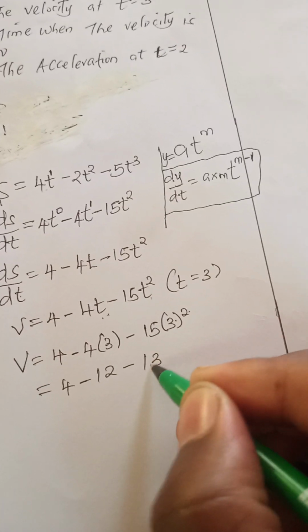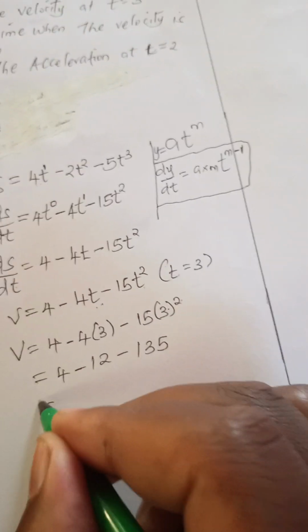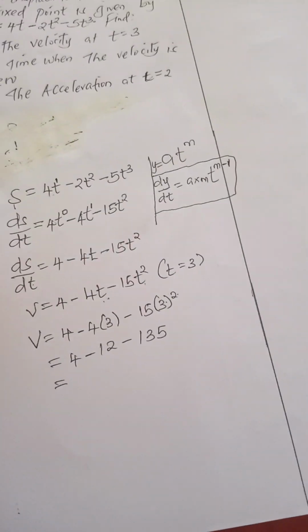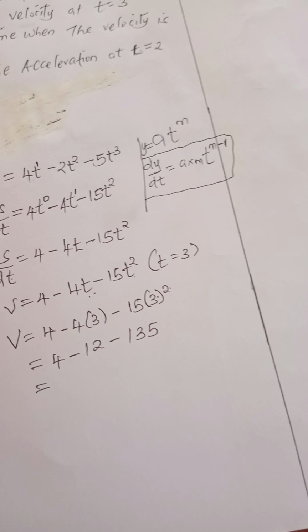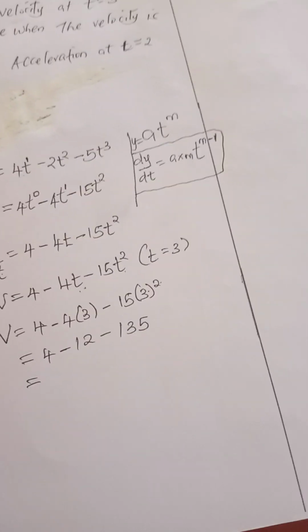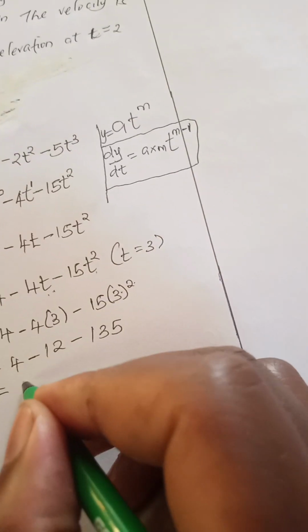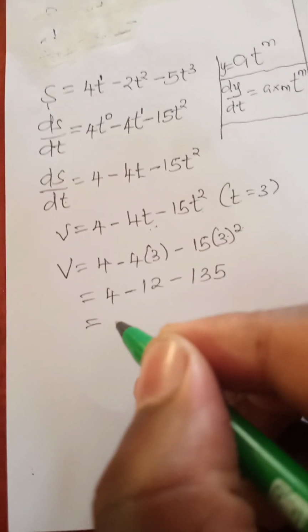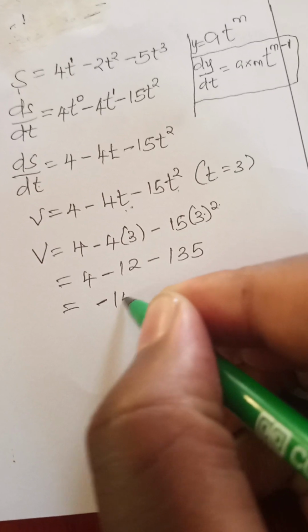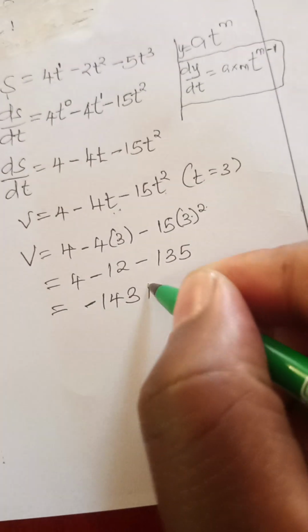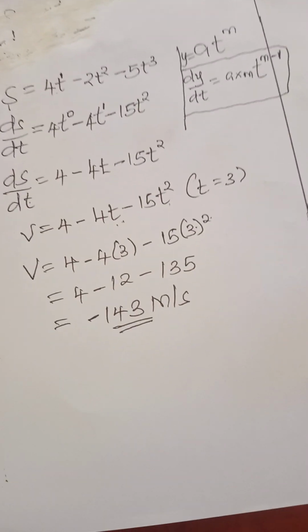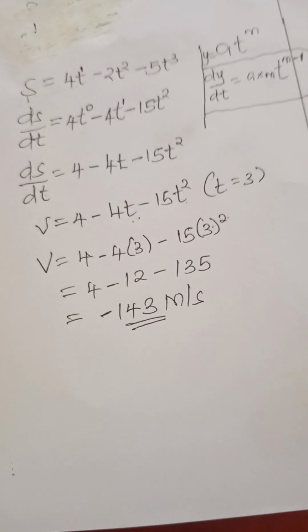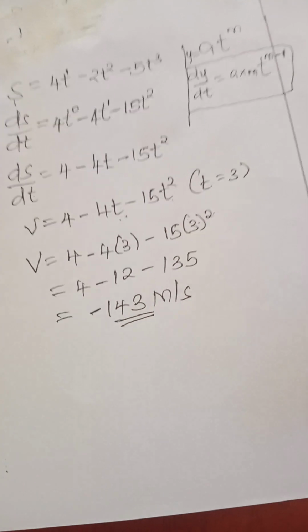So this will be 4 minus 12 minus 135, you get negative 143. So this will now be minus 143 meters per second. That is the velocity when t is equal to 3.